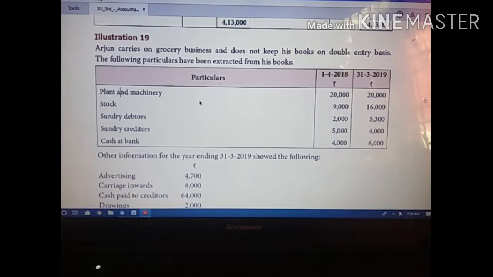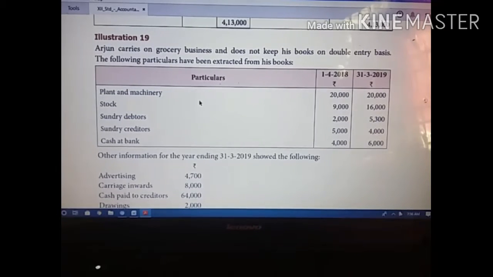For that, we first have to find the missing figures of purchases and sales through the total debtors account and total creditors account. We open these only if the amount is missing. If they are given, we don't open the total debtors and total creditors accounts.